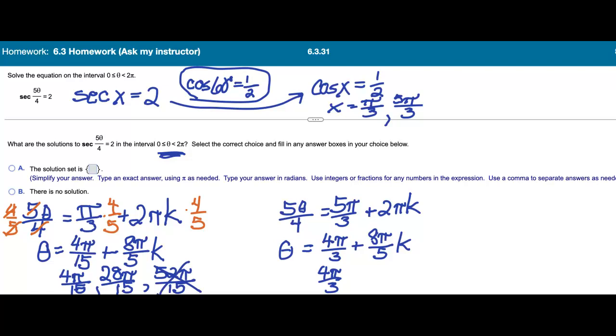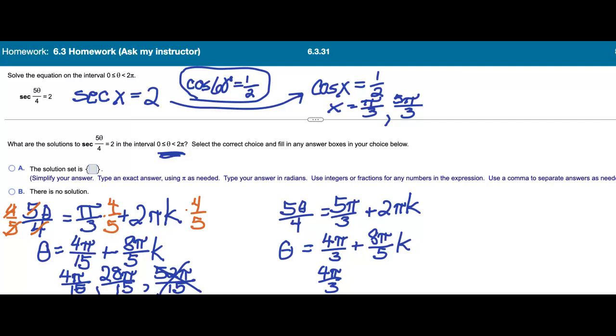Over here, I do the same thing for 4 pi over 3. I'm going to replace the k with 1, get a common denominator of 15, add those two together. That's going to give me 24 pi over 15 plus 20 pi over 15.